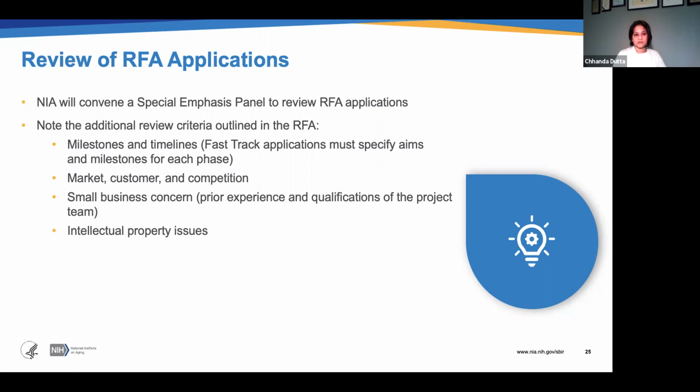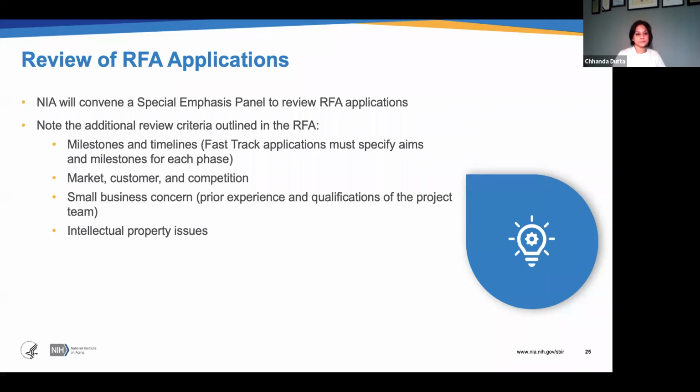They pertain to things like milestones and timelines. We want to make sure that for fast track applications you specify milestones and aims for each of the phases separately. There are additional review criteria targeting market, customer, and competition, your small business concern in terms of prior experience and qualifications of the project team, and also some issues related to intellectual property.